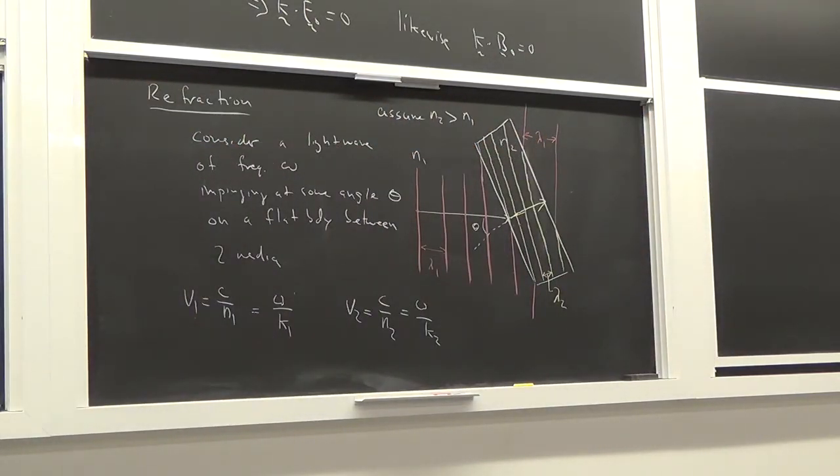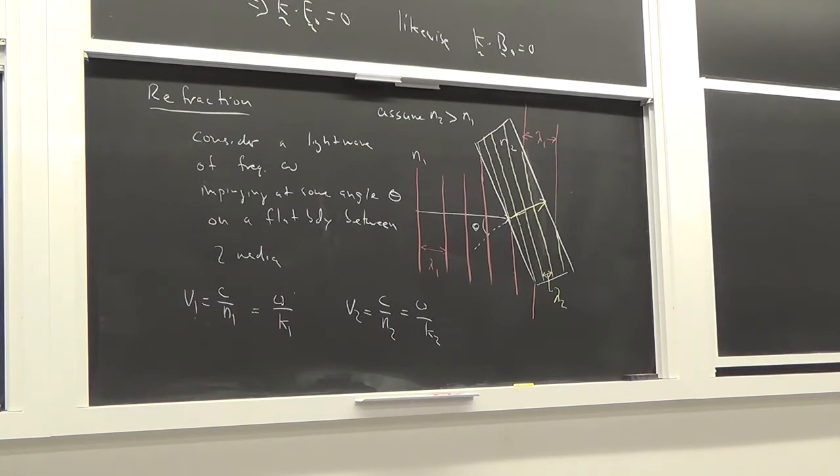So let's try to figure this out. Let me draw a blow up of the transition region. And let's see, suppose we've got the first wave coming in at some angle. So I've rotated the whole diagram so that the transition between n1 and n2 is vertical on the board as opposed to tipped. So the incoming wavefront is now tipped.